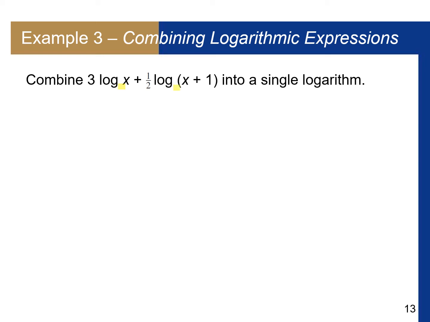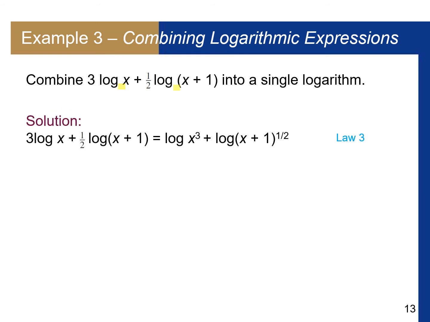And the first thing we need to check is that this is the same, and it is. So we can go backwards and take the 1/2 and put it on as an exponent, and the 3 and put it on as an exponent. And then the next step would be multiplying the 2 together.